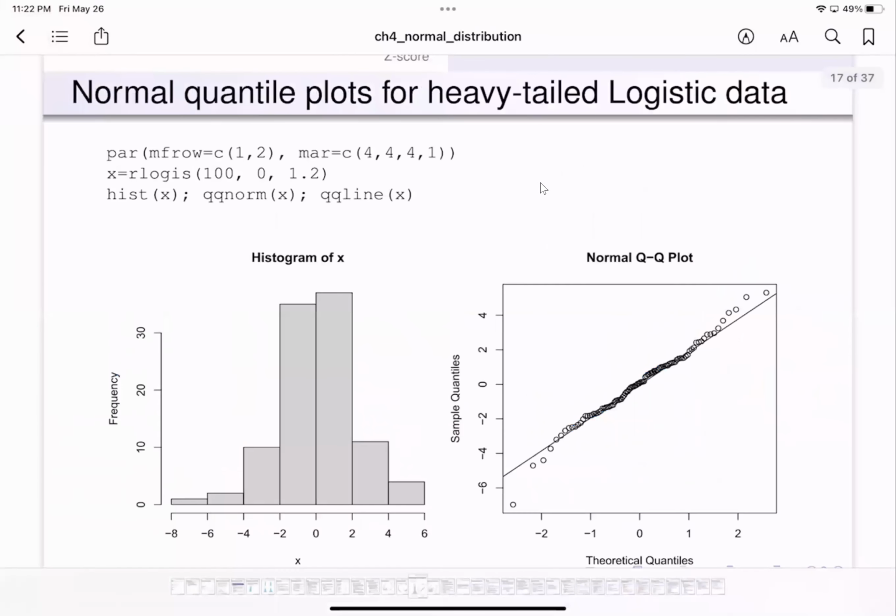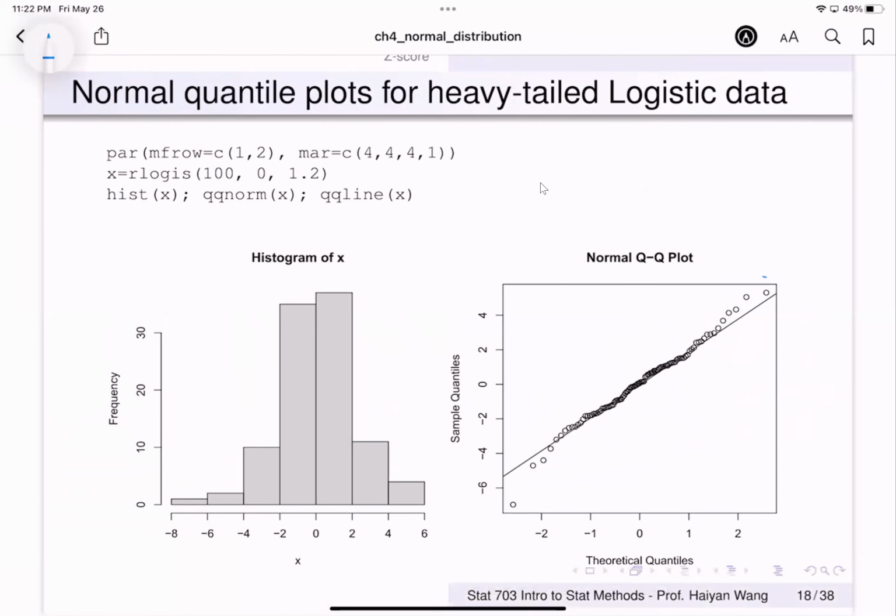And for the left skewness, I did not have it, but it's similar, just lower on the other side. And here is the logistic one. The logistic has a heavy-tailed distribution. From the histogram, we cannot really tell because it's just symmetric. But when we look at the normal quantile plot, you will see some of these points in the sample quantile are higher than the line.